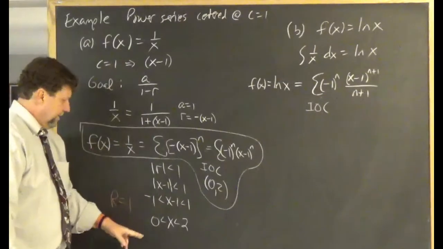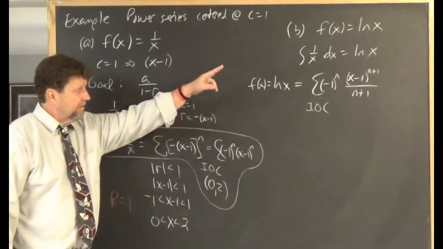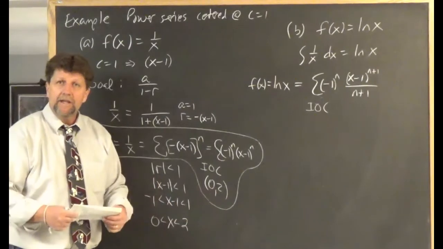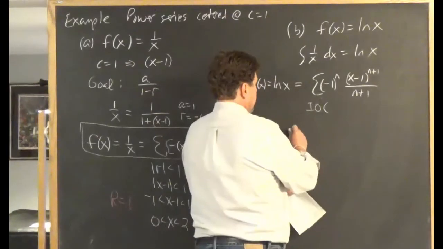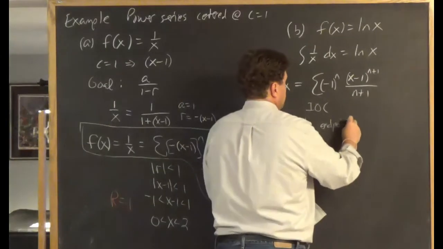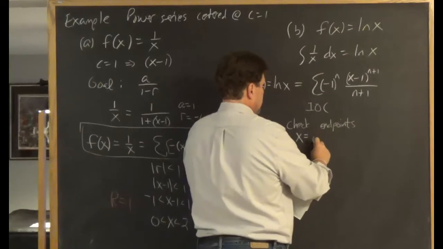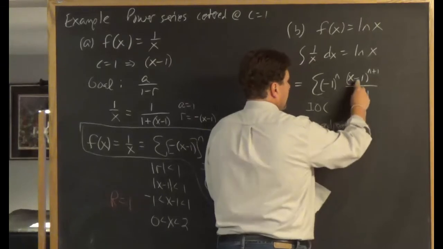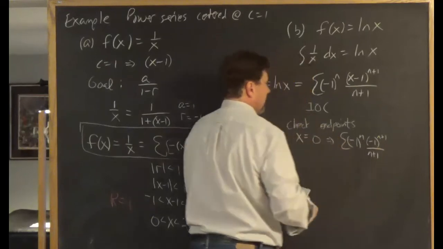So the function had an interval of convergence of 0 to 2. The only place that the integral could have a different interval of convergence is at the endpoints. So you just need to check the endpoints. That's it. So if you check x equals 0, that gives you the series -1 to the n, -1 to the n plus 1 over n plus 1.